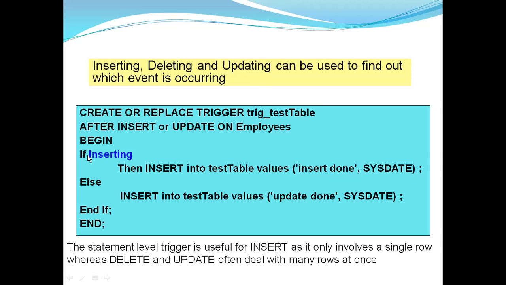So here you can choose if inserting, then this, else this. If updating, then this, else this. So these three keywords are allowed only in triggers. That is inserting, updating, and deleting.